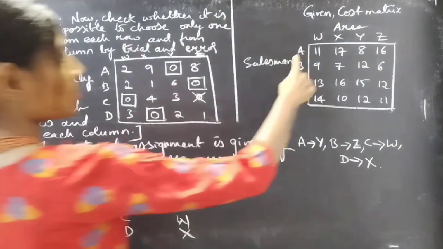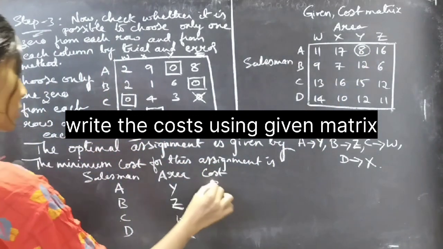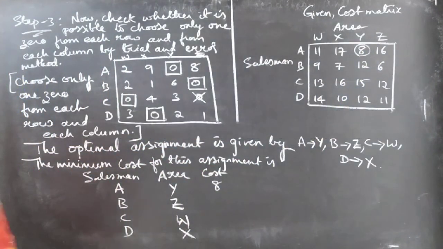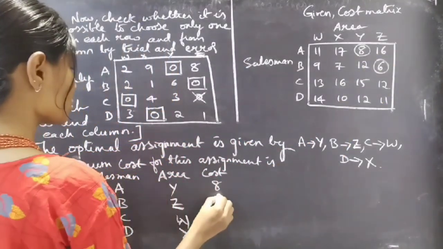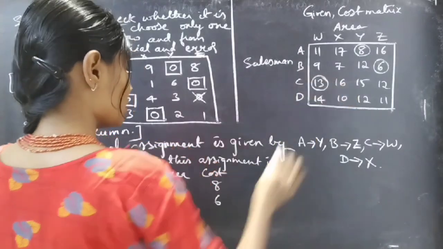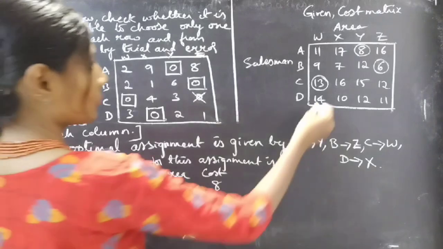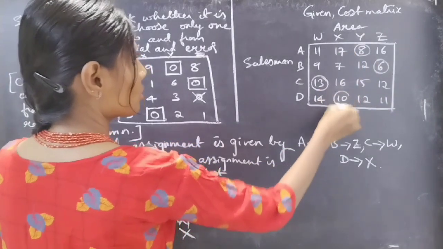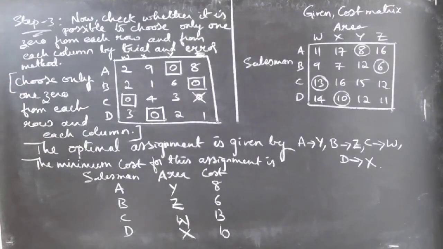So AY is 8, so cost is 8, A to Y 8, B to Z 6, C to W 13, D to X is 10, right?